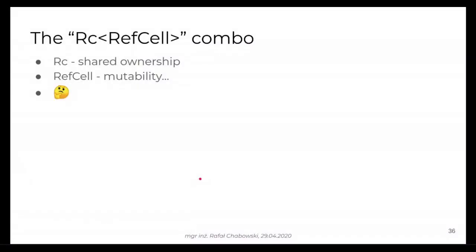Okay, now let's see what we can do. We have the Rc, which is the shared ownership, and we have the RefCell, which gives us mutability. So if you think about it, you can achieve the shared mutable state by using these two tools together.